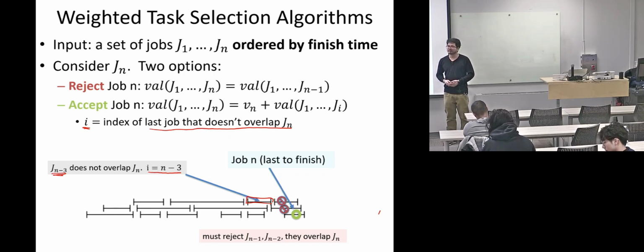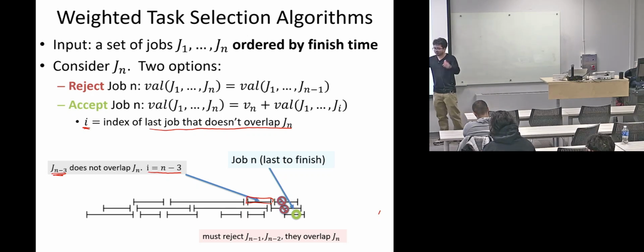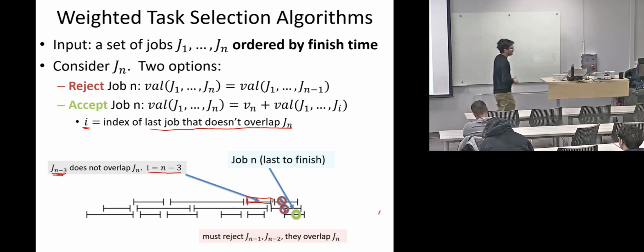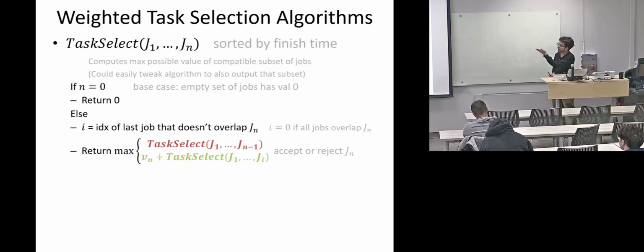You would just consider the maximum of the reject and the acceptance. Exactly. Yeah. You have a problem with n jobs. Now just try both cases and return the maximum. How to compute this thing? Just compute recursively. Okay, so that's the recursive algorithm, and you can just write it down in pseudocode like this. Just take the max of the two cases here.